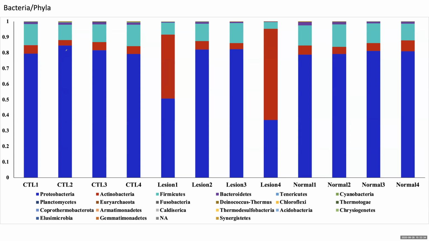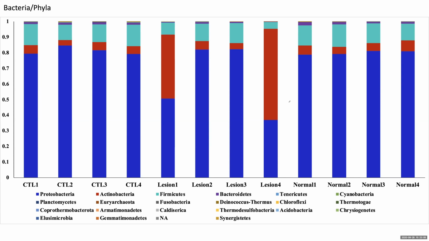Again, back to the talk in the morning, probably they can be contamination, or I still don't know if we can call it a flora or something, but even in a control sample there is a certain amount of actinobacteria and Proteobacteria. But what was obvious in two of the samples, lesion 1 and lesion 4, was a very high abundance of actinobacteria.